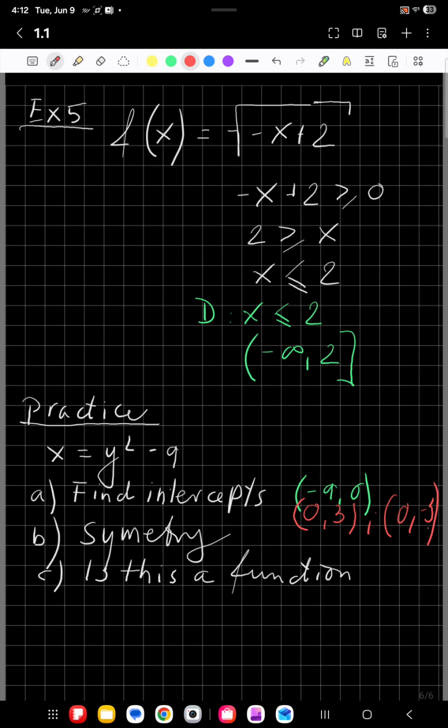And then symmetry is with respect to the x-axis. And this is not a function.